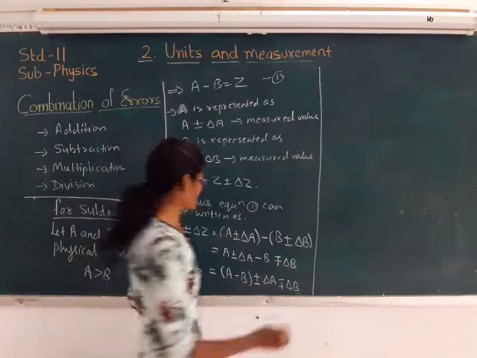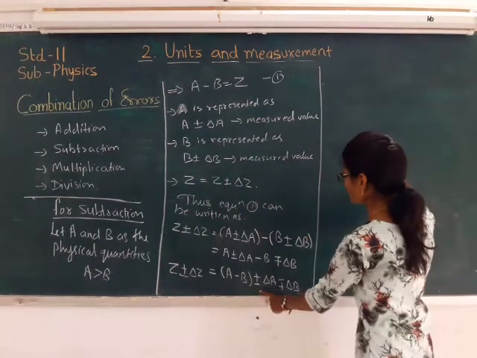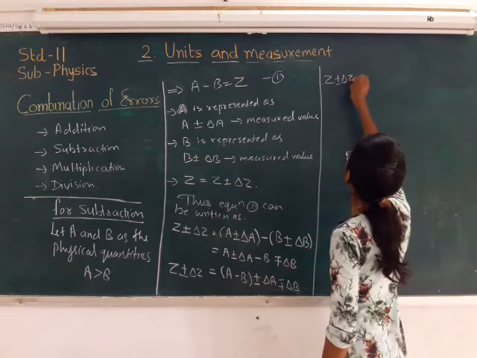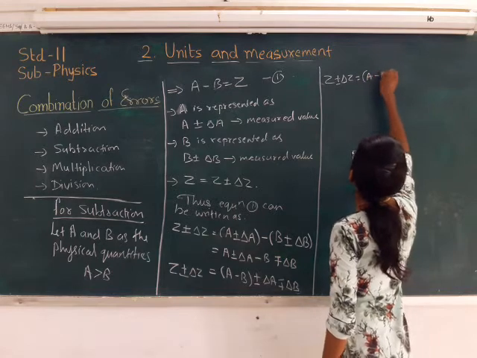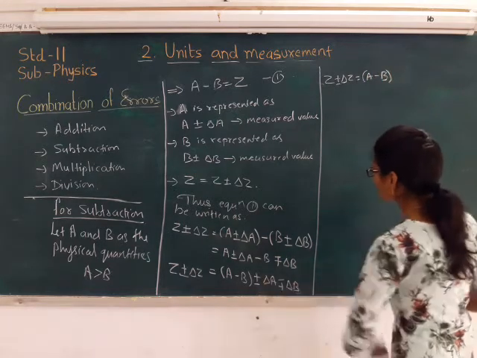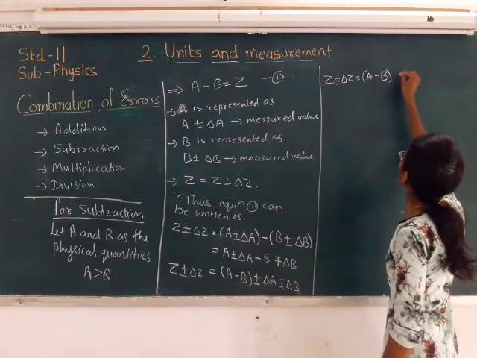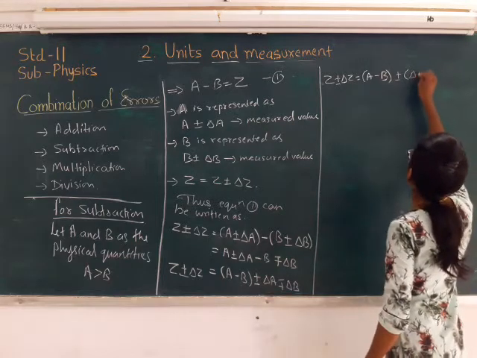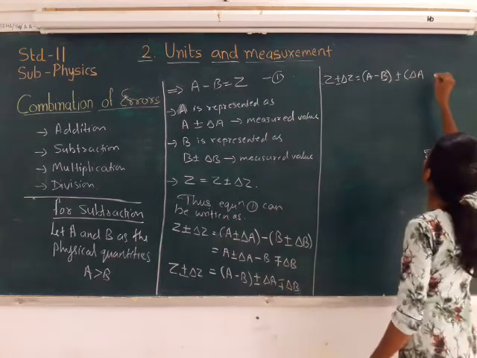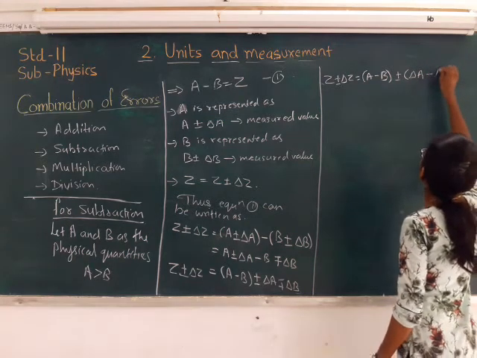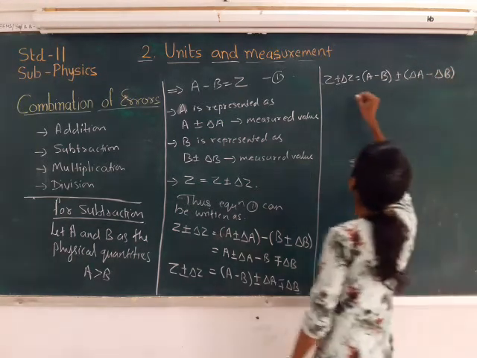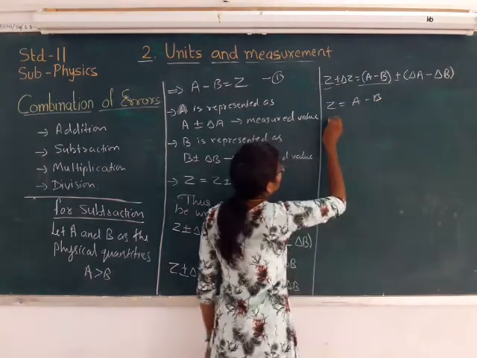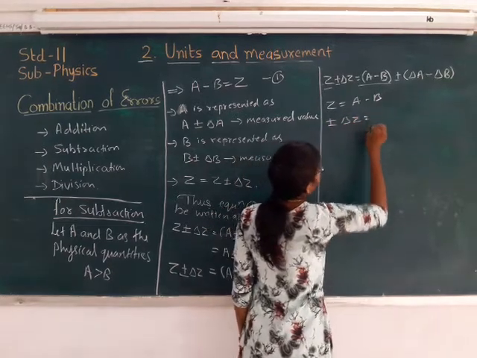So taking the plus or minus sign common, what we get is Z plus minus delta Z equals to A minus B. Taking plus minus common, and delta A over here, it will be minus delta B. So splitting this term, Z is equals to A minus B, and plus minus delta Z, that is equals to what?